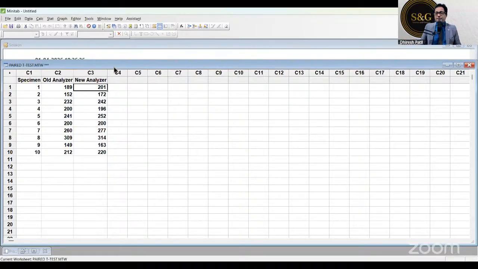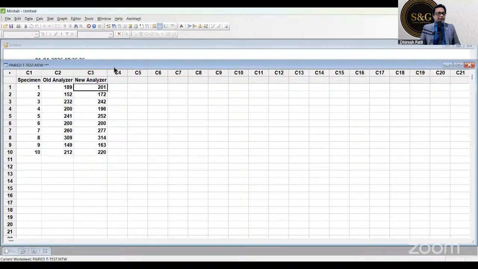Another example is you have taken your own weight at your gym and at your office or at your doctor. So sample is common. You are the sample, common sample tested against the weighing scale at the gym and the weighing scale at your doctor. That is called paired t-test.